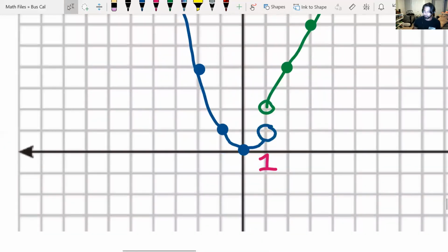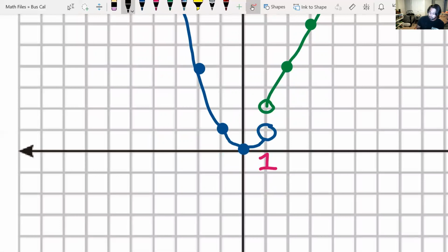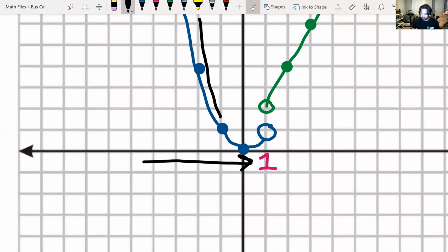So let's look at it. So what we're saying is, as x approaches 1 from the left, what are my y values? Or what is the limit's y value? So as x approaches 1 from the left, we see that this y value gets closer and closer and closer to 1. So the limit from the left is 1. Let me write that down.